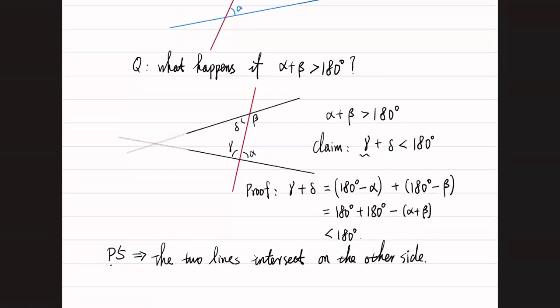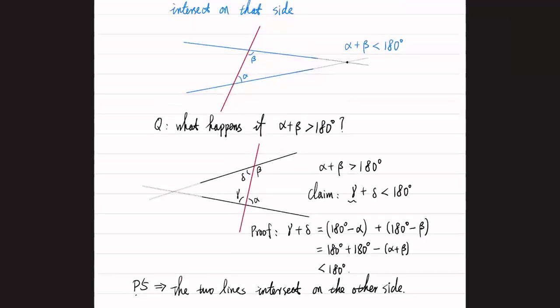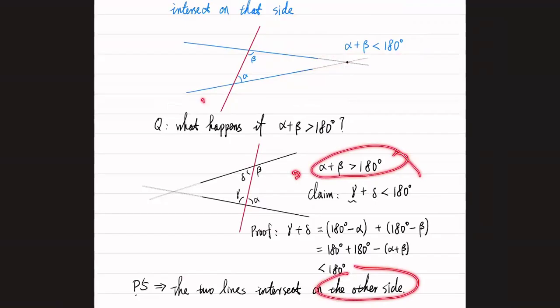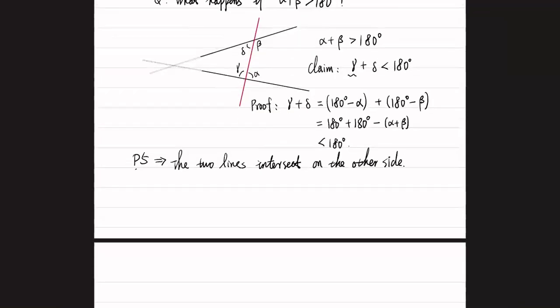Okay, so now let's put them together. If it's less than 180 degrees, they intersect on the same side; if it's bigger than this, they intersect on the other side. The only remaining case is when they are equal. When they are equal, they do not intersect.